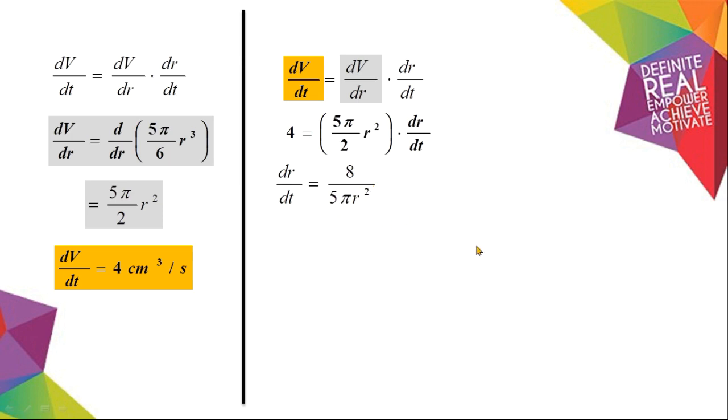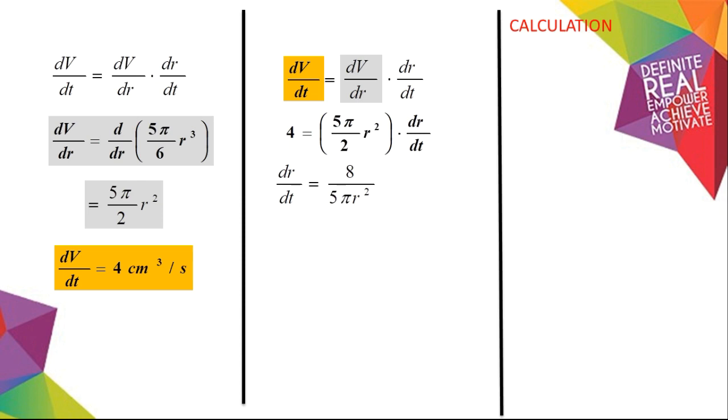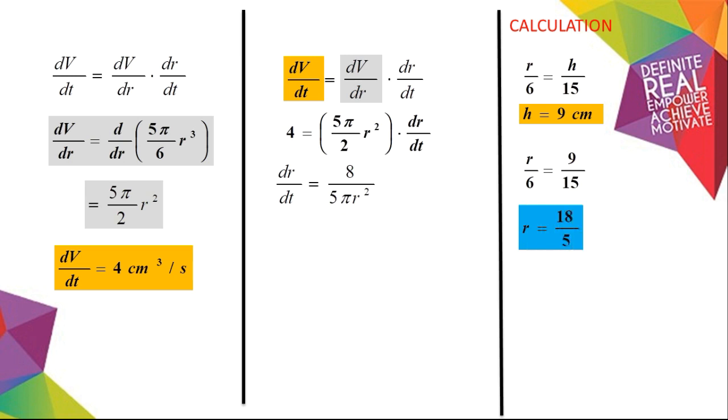Once again, in the question, we are looking for dr/dt at h equals 9. Based on the calculation using similar triangles, at h equals 9 cm, we find that the radius r equals 18 over 5.